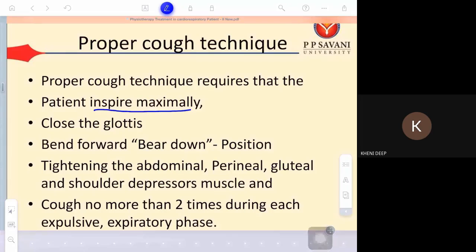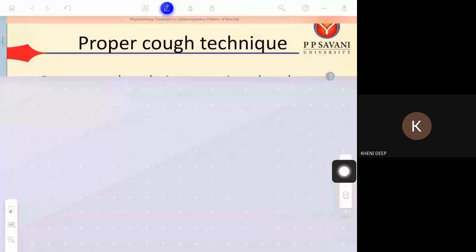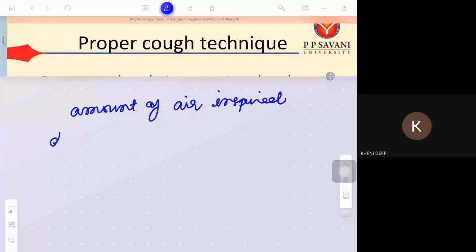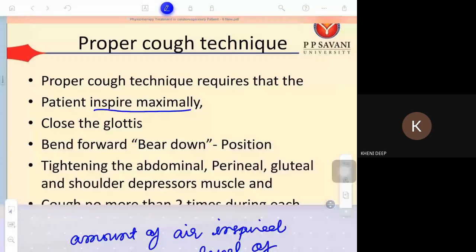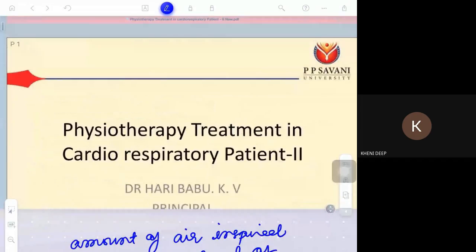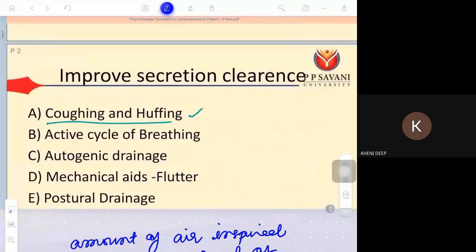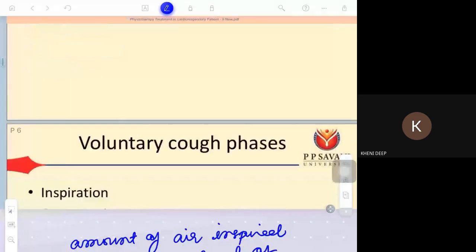Again, I'll repeat. The amount of air inspired determines the level of clearance. Clear? That is the topic we are discussing here, to improve the secretion clearance.